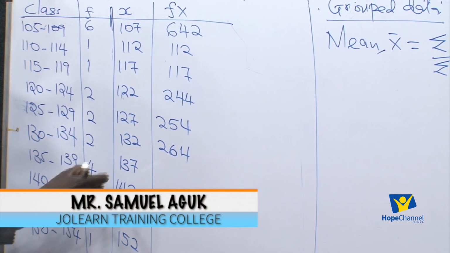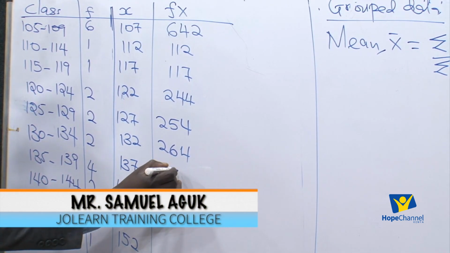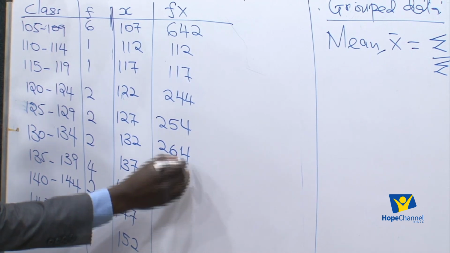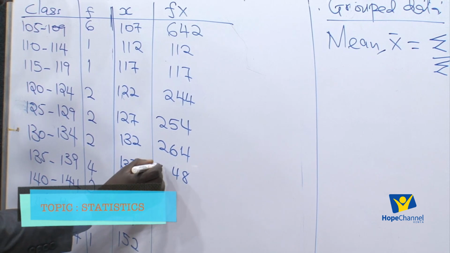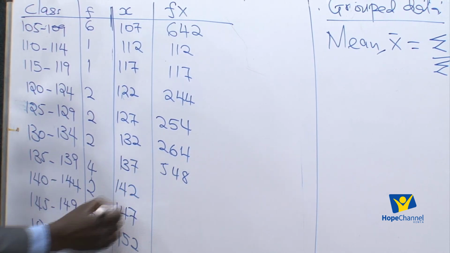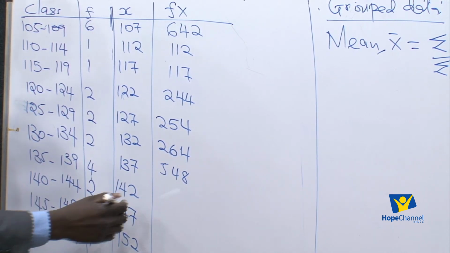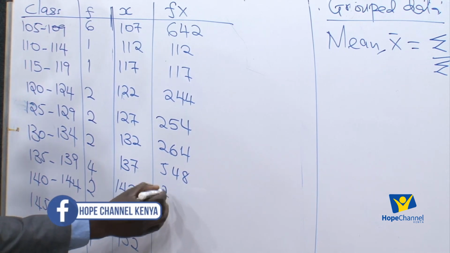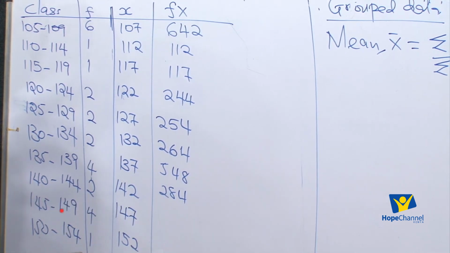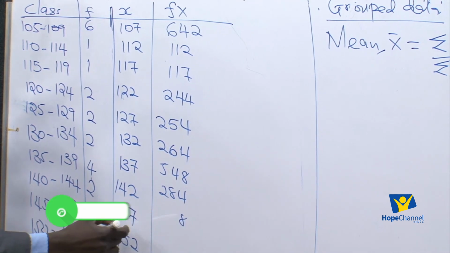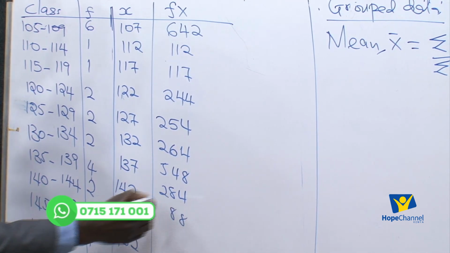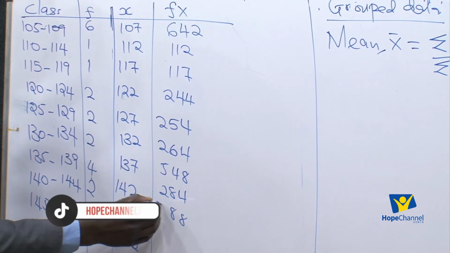4 times 137, that is 28, we carry 2, this is 12, 14, this is now 548. 2 times 142, that is 284. 4 times 147, that is 28, we carry 2, 16, that is 8, we carry 1, that is 588.